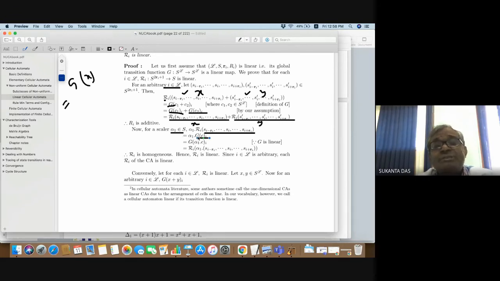Now since g is linear, g is homogeneous with degree 1, so alpha times g of c can be written as g of alpha c at i.